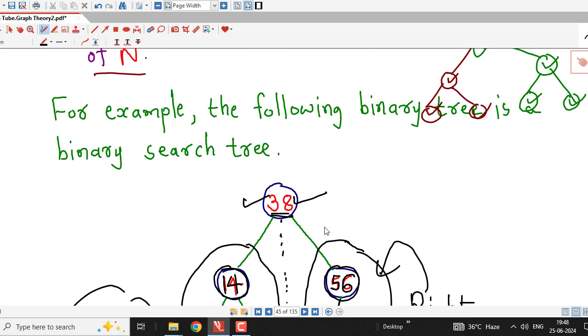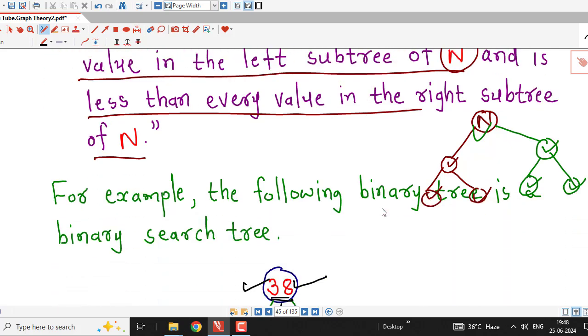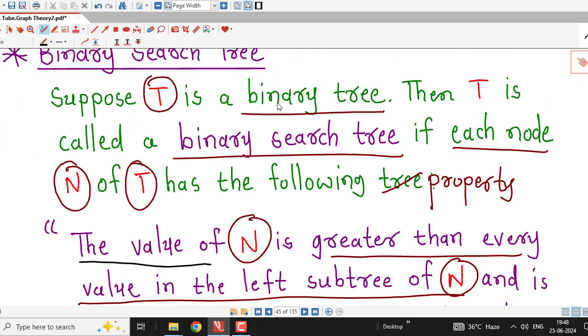So the binary tree which satisfies this property is called a binary search tree. What is the property? The value of node n is greater than every value in the left subtree of n, and the value of node n is less than every value in the right subtree of n. So they can ask you to write down the definition also. You can write in this way.